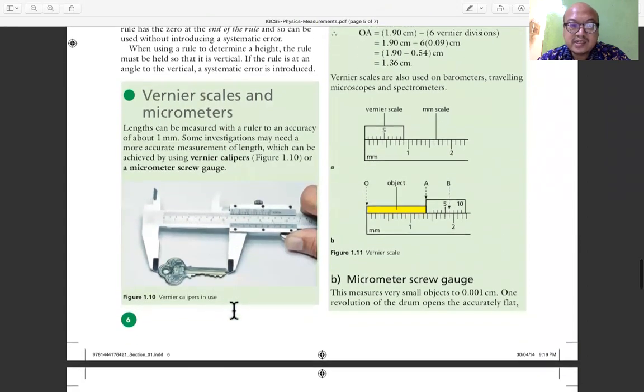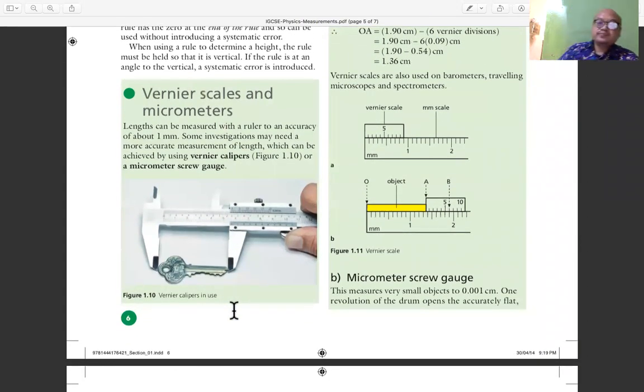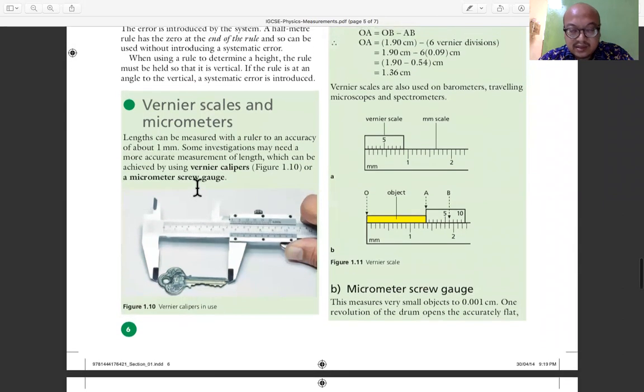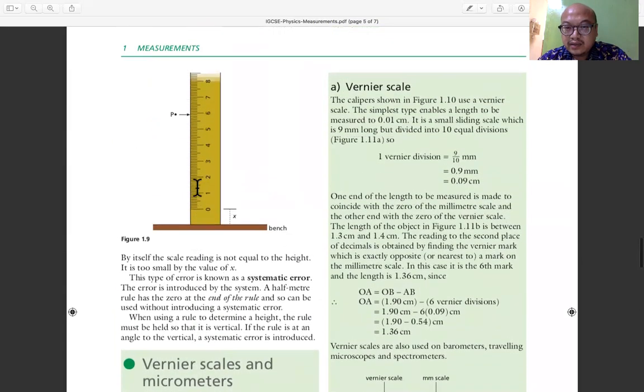This is about Vernier scales and micrometer. Our lab has around 10 Vernier scales and also micrometers. We call these the Vernier caliper and micrometer screw gauge, to measure length at a smaller scale. Okay, Vernier scale.